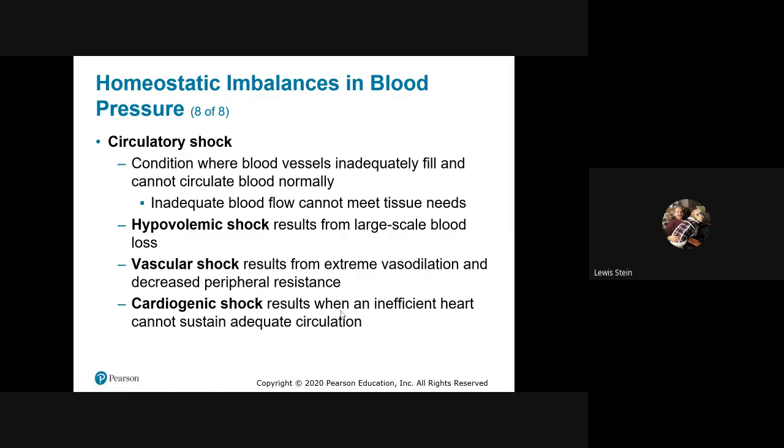Before the advent of those AED machines that we're so fortunate to have, and I do have to finish the cardiac unit with you, it is cardiogenic.